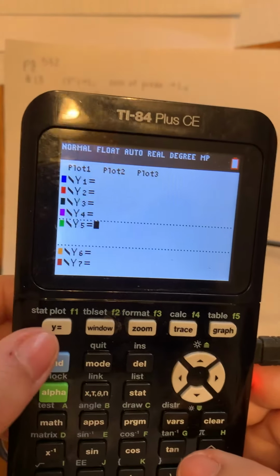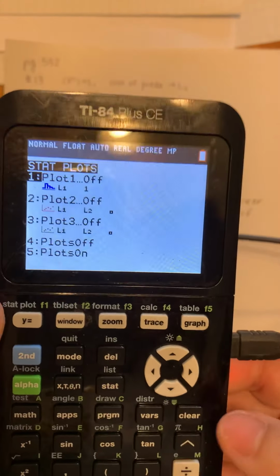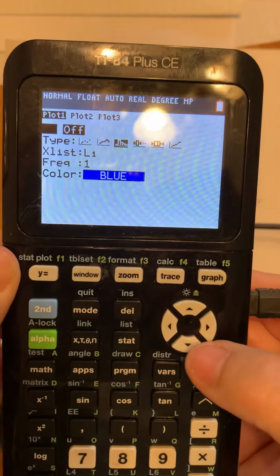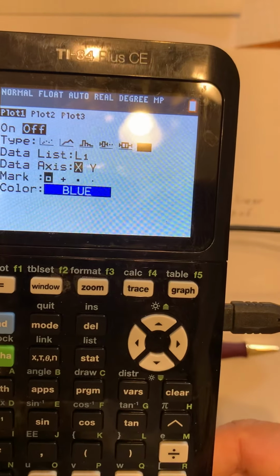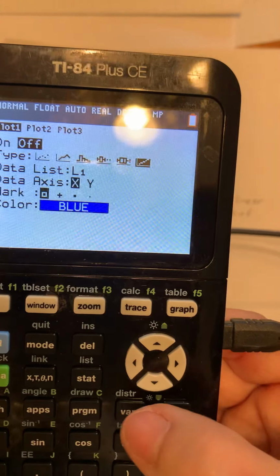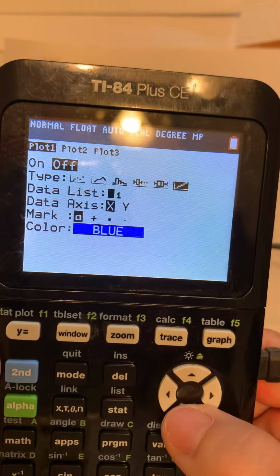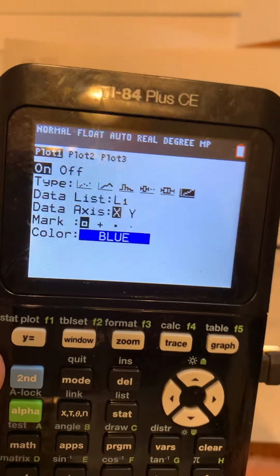Okay, now I want to go to a stat plot, and I want to turn it on. And I want to go all the way over to the line. And now I go to zoom 9, and I should be, oops, I didn't turn it on.